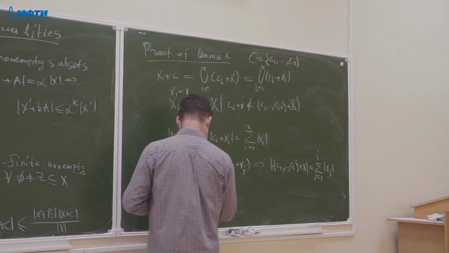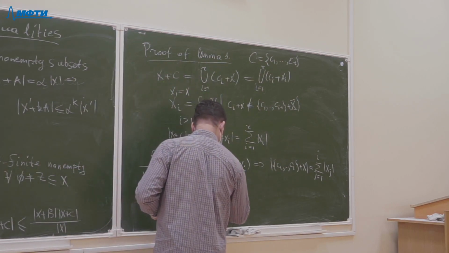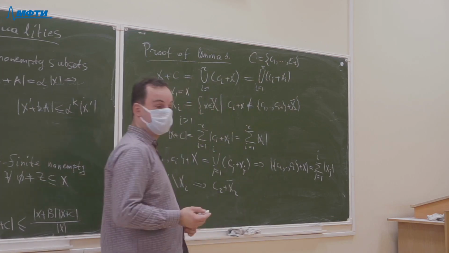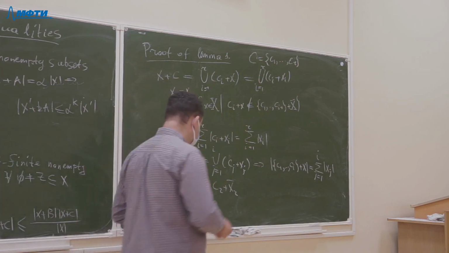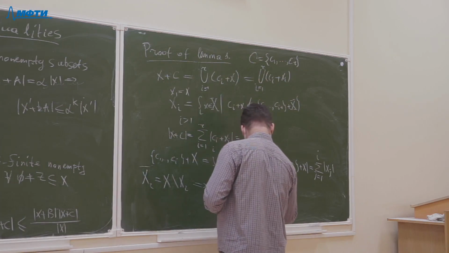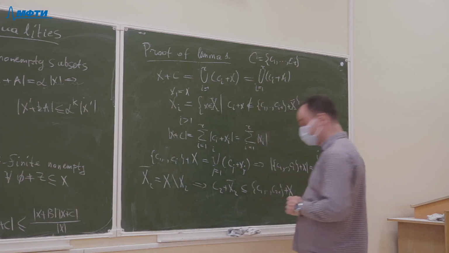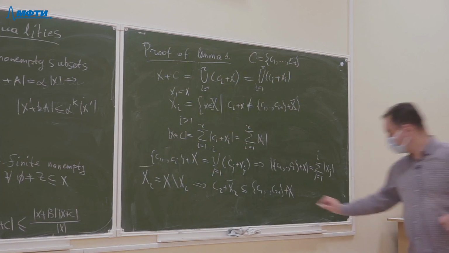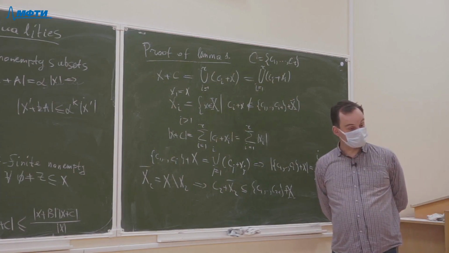We can say that C_r plus X_r complement is a subset of C_1 ... C_{r-1} plus X, right?